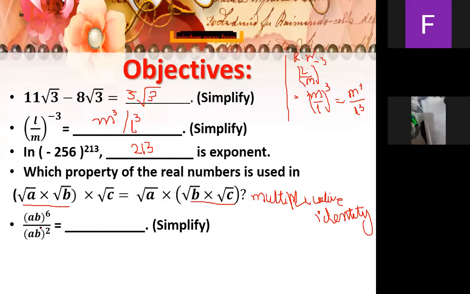Okay, now answer this one. AB raised to the power 6 divided by AB whole power 2. No, Zimel. Yes, Fatma, your answer is right.